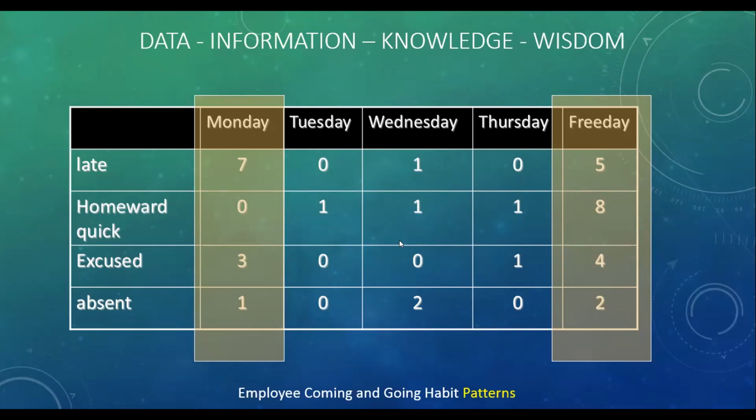So for the new policy, Monday is not early but late, and Friday is go home quicker, but with additional hours on every other day, so we have minus 4 hours to work.